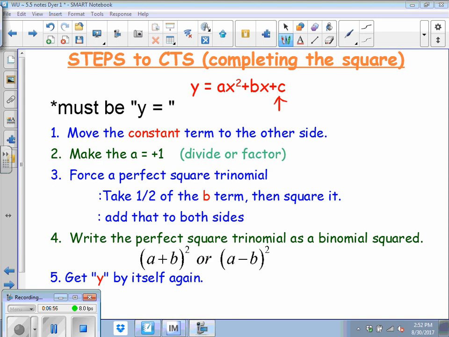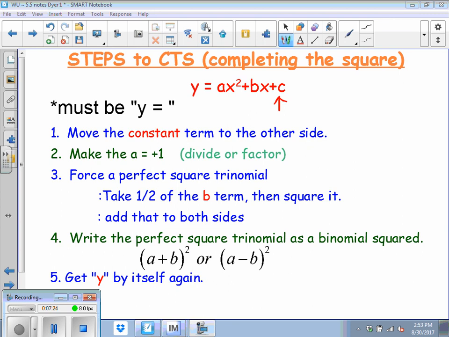Okay, so you'll be given y equals something x squared plus or minus something x plus or minus a constant. First of all, before you even begin this process, it has to be y equals, meaning y by itself. Okay? So if they give you something like 3 plus y, you have to get that y by itself first before you can even begin anything else.